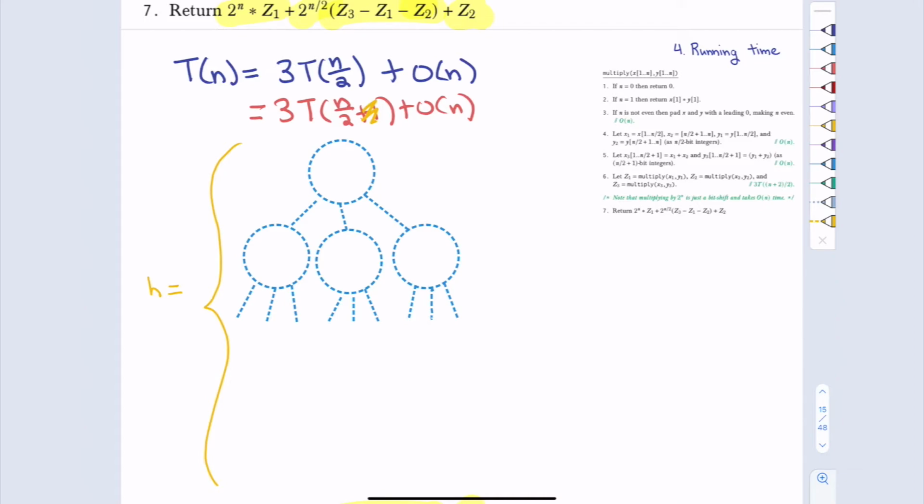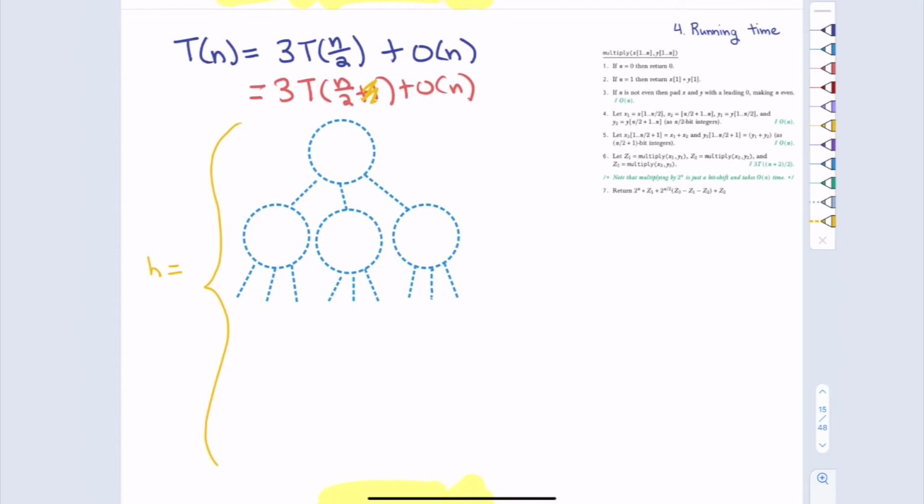So what would a recurrence tree look like? We have input of size n at the top, and I do n work. And then we have 3 subproblems of size n/2. And then I have 9 subproblems of size n/4. And so forth.